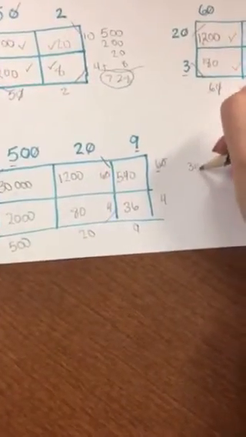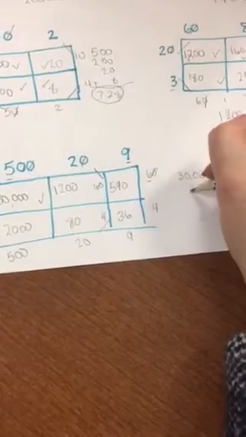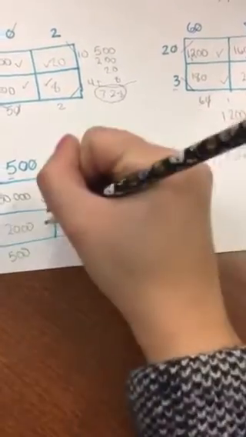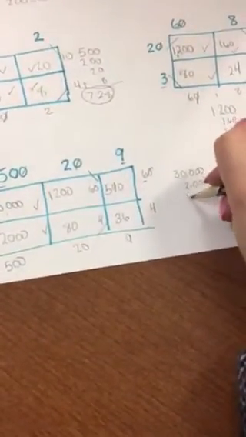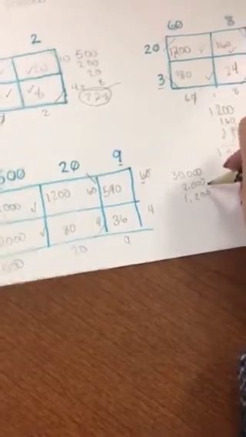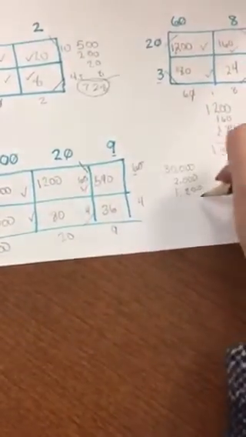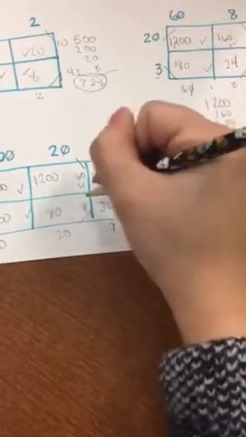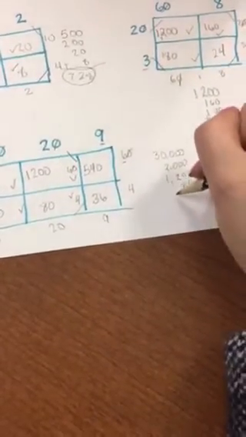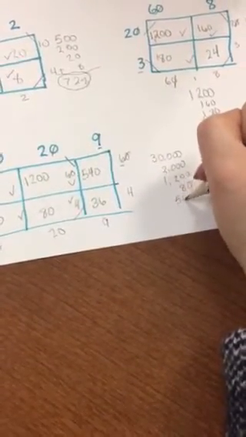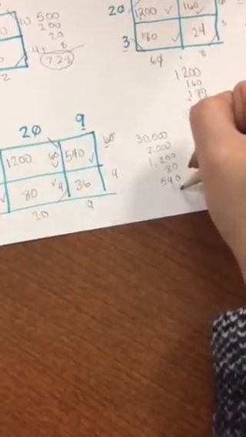Now I'm going to add all of these partial products, starting with my largest, 30,000. Check. I'm doing the check so I don't forget to add any numbers. Check. And I'm trying to be nice and neat so I don't get confused about where all the numbers are because we're dealing with so many numbers. Check, and 36. Check.